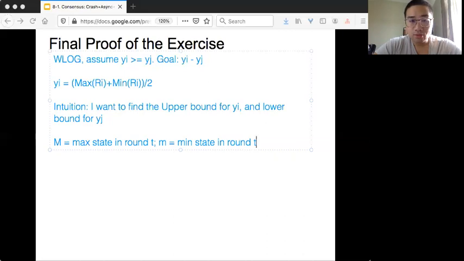In this case, you will want to say, okay, max Ri is upper bounded by capital M, and minimum Ri is also bounded by capital M. But this is actually not really helpful, because if I just plug in, yi is equal to M plus M over 2, which is equal to M, and this doesn't lead you anywhere.